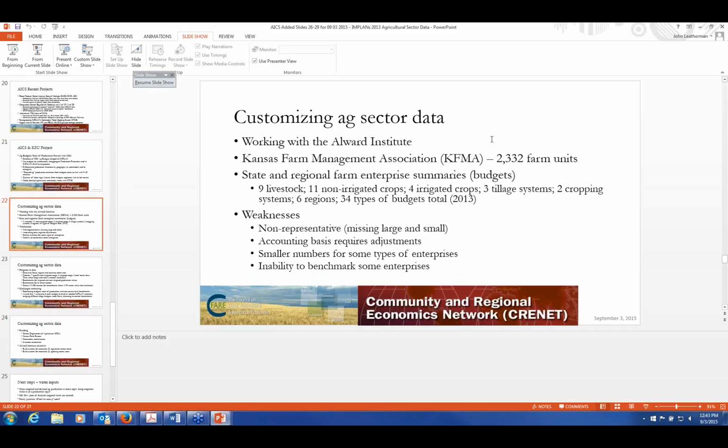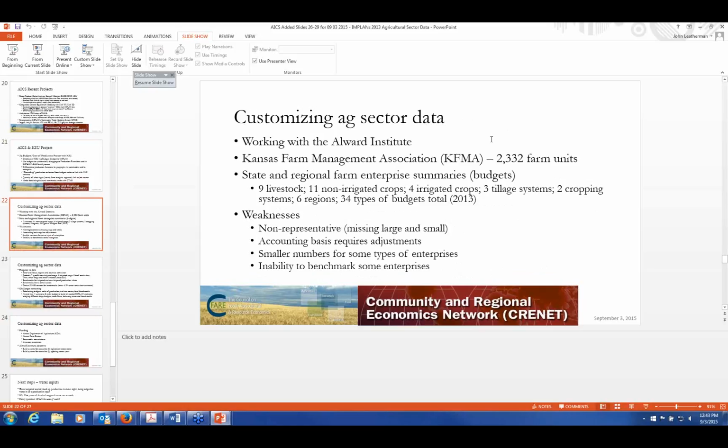Steve Cook with the Allward Institute is really doing the heavy lifting, and I'm just trying to supply them with some inputs while they work through the challenges of incorporating this type of data into the IMPLAN system.